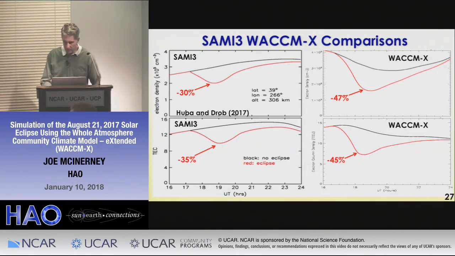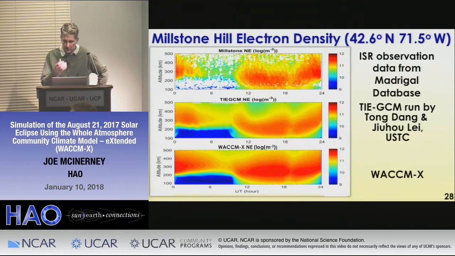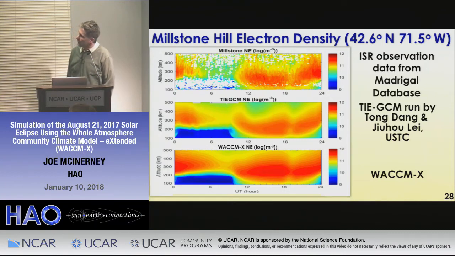Okay, so we get reasonable agreement with SAMI3. We also compared to some observations. This is some incoherent scatter radar observations done at Millstone Hill of electron density. This is a time series on the horizontal for the whole day of the eclipse from 0 to 24 UT, and then on the vertical axis we have 100 to 500 kilometers in altitude.